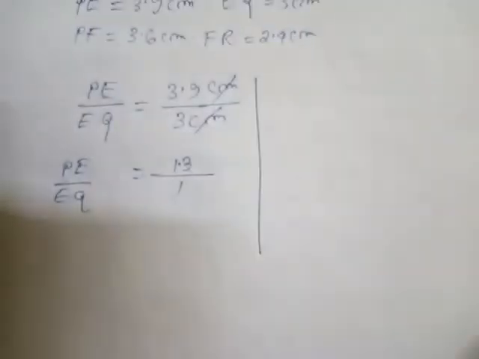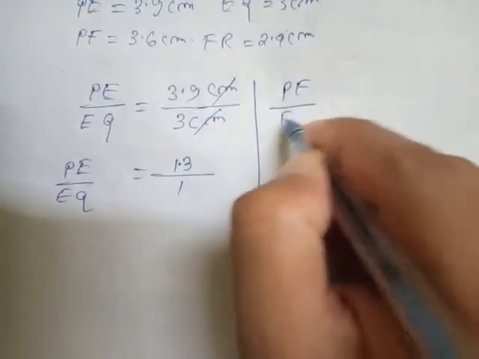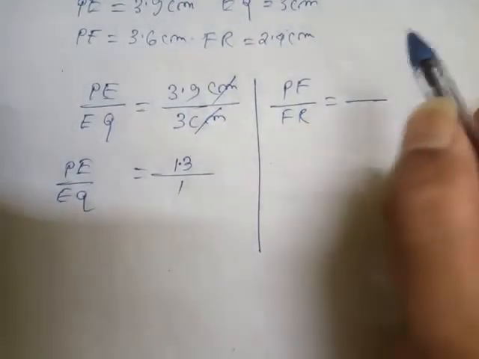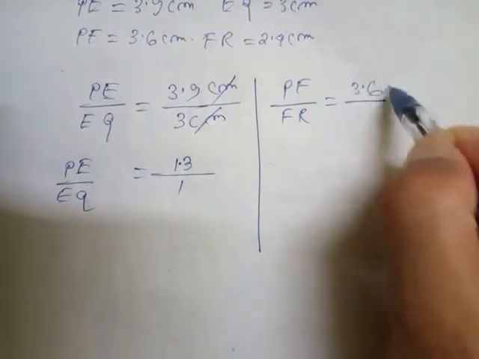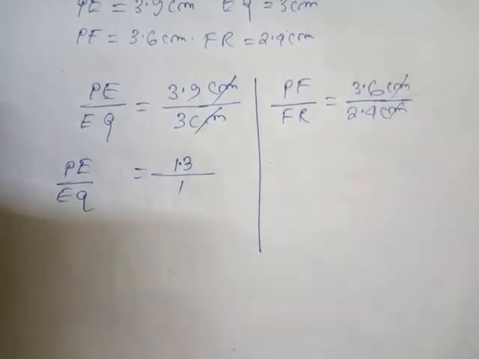Now next part here student, I'm doing by the side, PF by FR. Now PF is how much? 3.6 centimeter and FR is 2.4 centimeter. Cancel cm and cm.